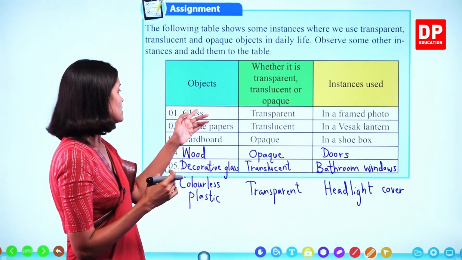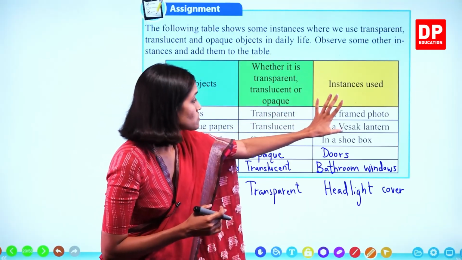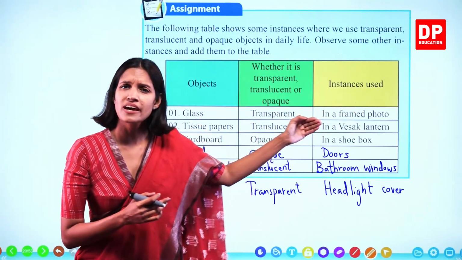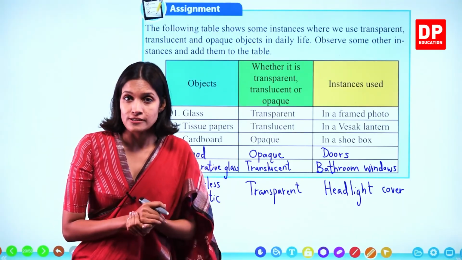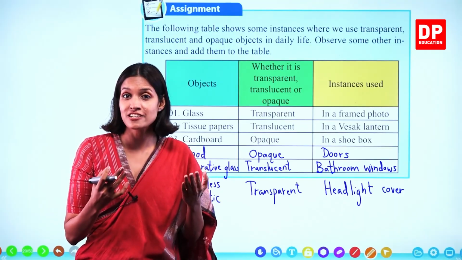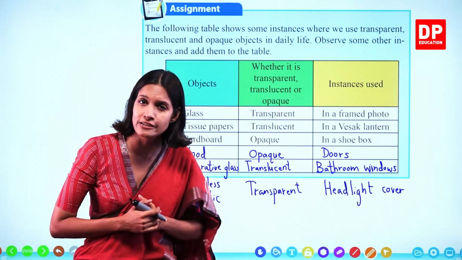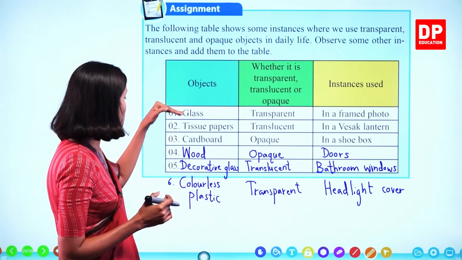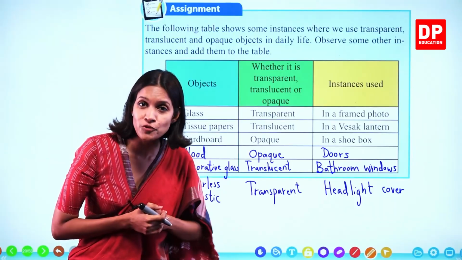For example, glass is transparent and is used to make photo frames. At the same time, it is used in soft drink bottles because we can see the color through the bottle and it's very nice, attractive. Likewise, you can think of other examples like this, children. Maybe the same object, but you can write different instances where they are used.